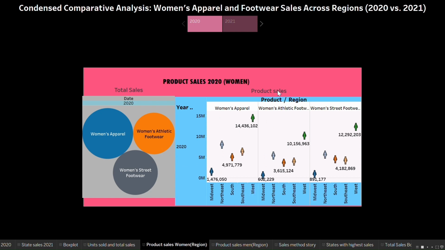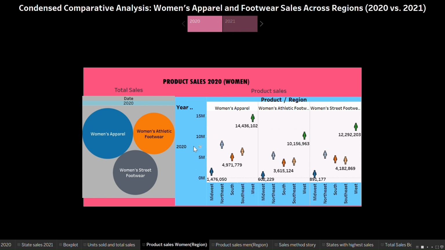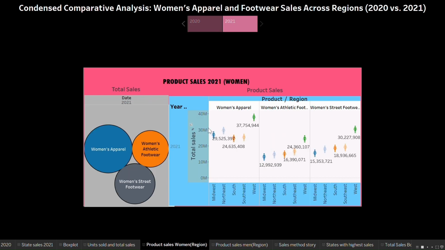Now we'll go to 2021 and compare. In 2021 we can see a significant increase in numbers as compared to 2020. For instance, the Midwest in 2020 had 1.4 million in sales, but in 2021 they have 29 million in sales. That's over 20 times an increase.